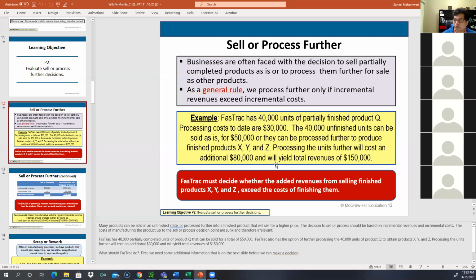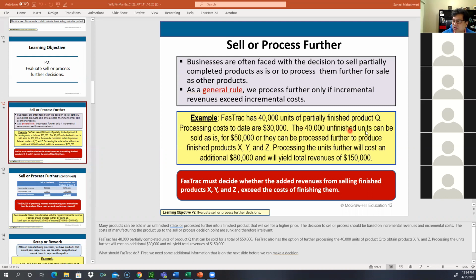So here is an example. Fast Track has 40,000 units of partially finished product. The processing costs to date are 30,000.